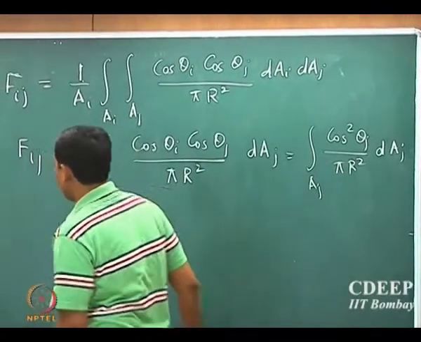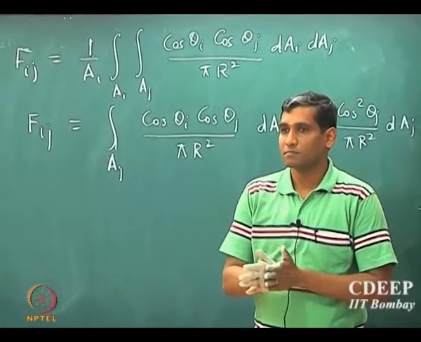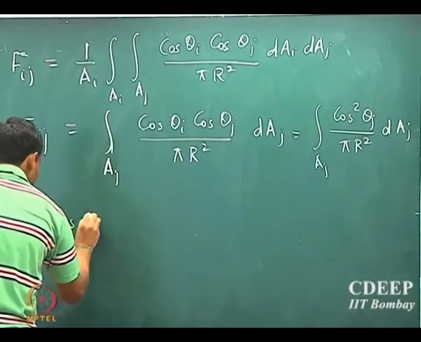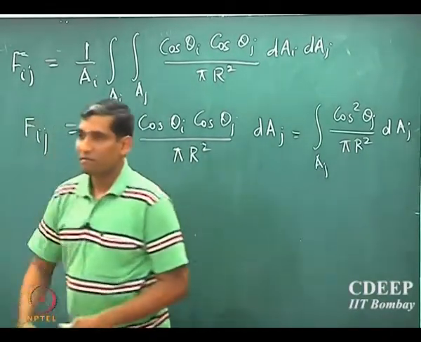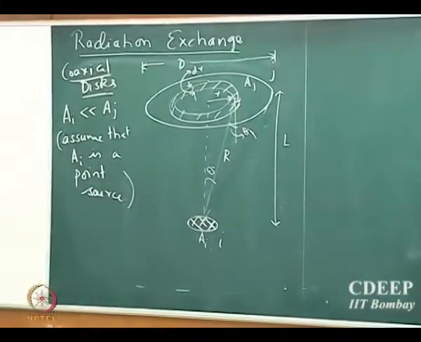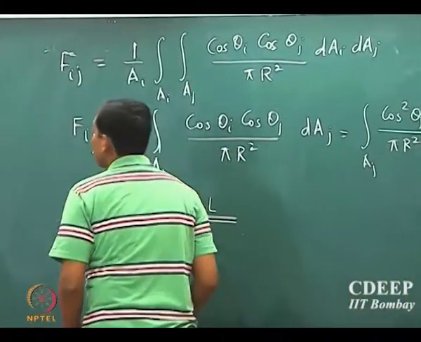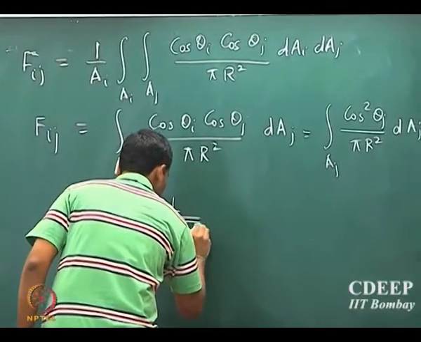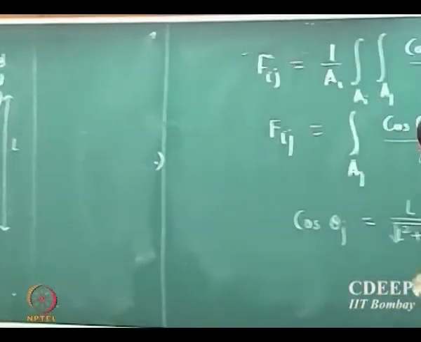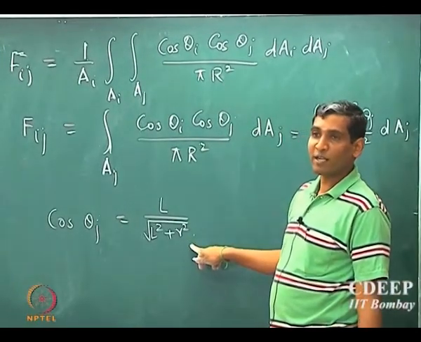What is cos theta j? Look at the geometry, it is L by the hypotenuse. R is this distance here, so the hypotenuse is square root of L square plus R square, so cos theta j is L by square root of L square plus R square.